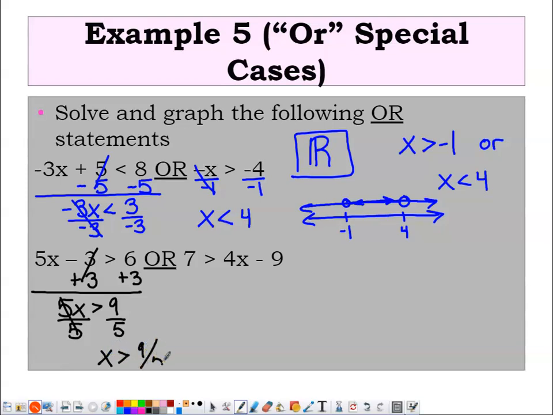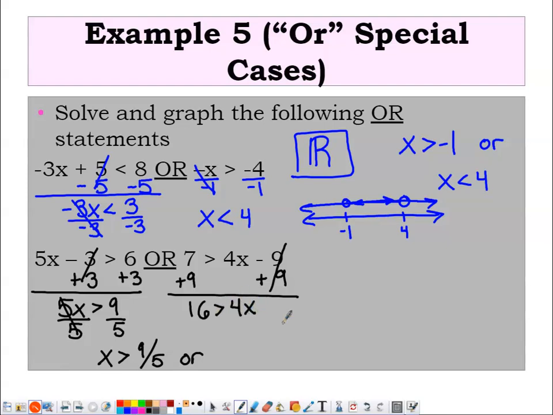It's a fraction, but that's okay. Okay? And then we're going to go ahead and write that OR. And then we have to go ahead and solve that second part of that inequality. So we're going to go ahead and add 9 here and here. Those cancel out. 7 plus 9 gets me 16, greater than 4x.